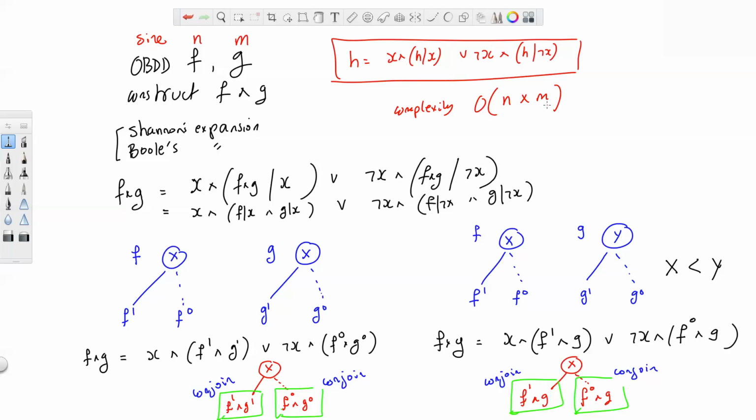If you just go and implement what I just told you here, here are the recursive cases. And of course, the boundary condition is when you hit sinks, and we'll see the pseudo code, you're not going to get this complexity. But the claim is you can get this complexity.